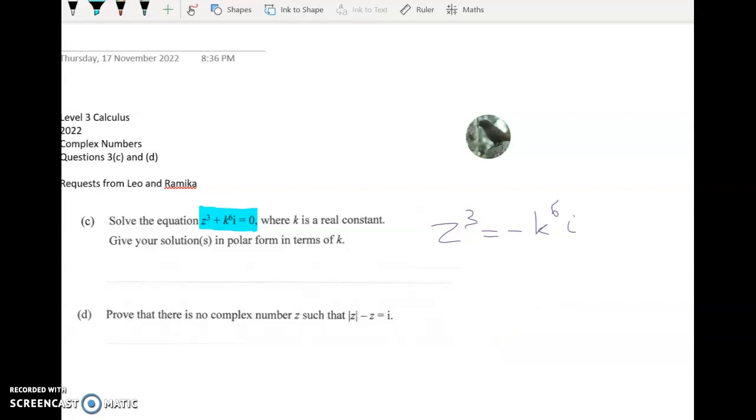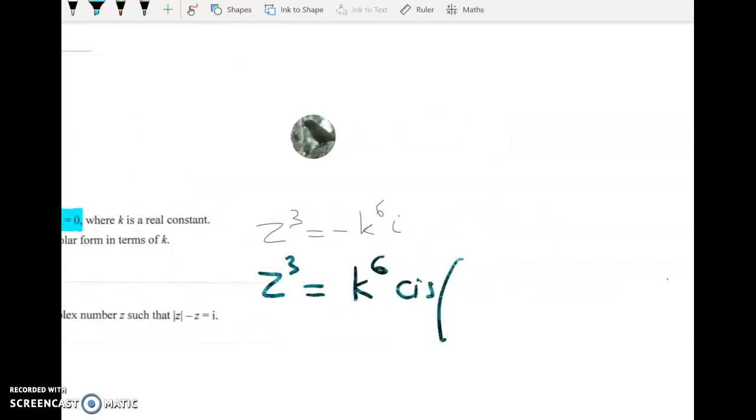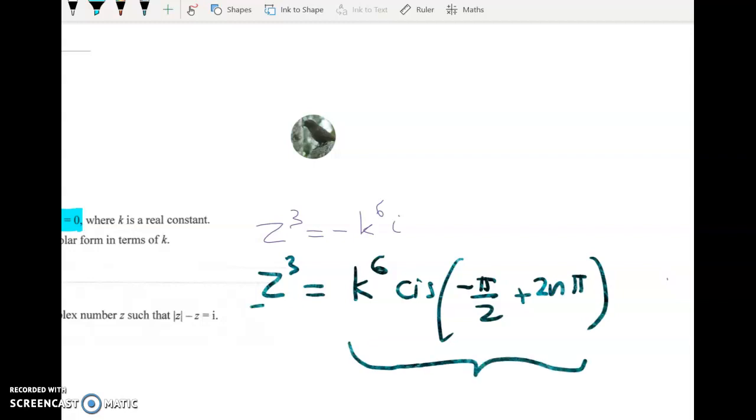And that means that I can rewrite this as z cubed is equal to k to the power of 6 times cis of negative pi on 2 plus 2n pi. Right, so now what I've done is I've dealt with the right-hand side, but I'm not completely finished dealing with the z cubed.